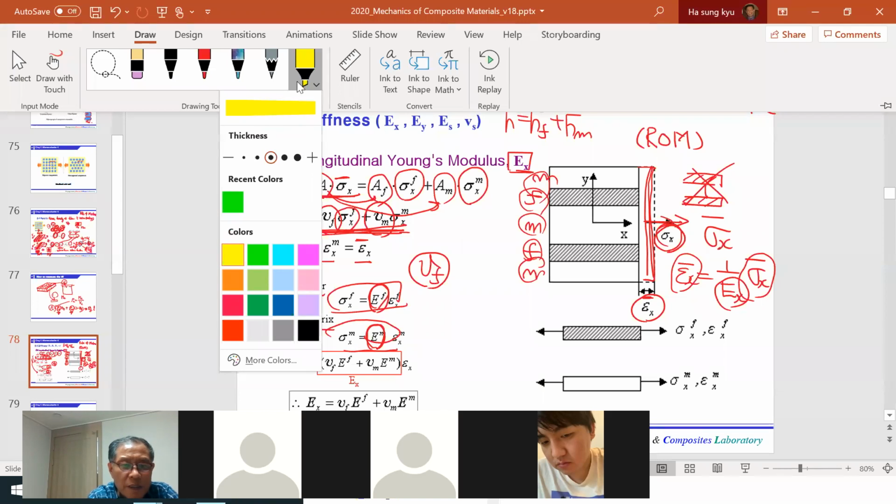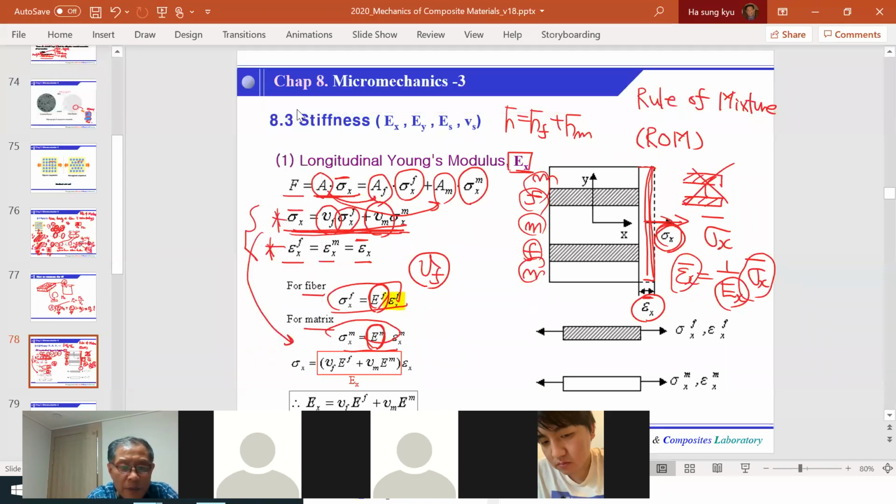And as you can see here, we have a fiber directional strain and matrix strain, which will be the same as the epsilon x from here.